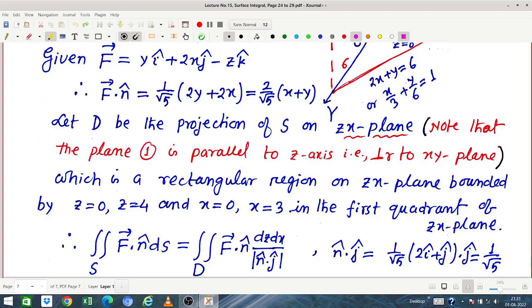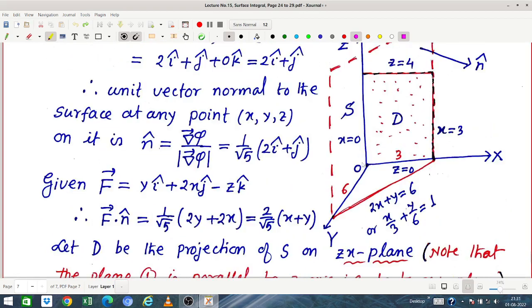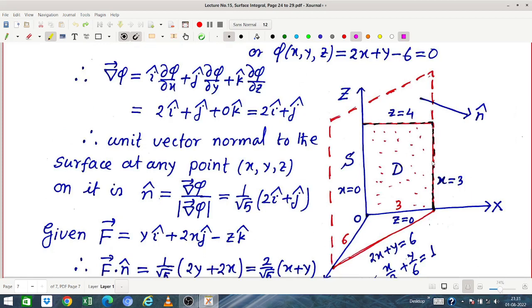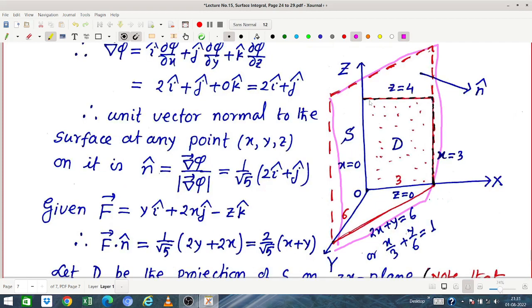Now let D be the projection of S on the zx plane. This rectangular surface, when we project it on the zx plane, will be like this rectangle, the shadow of S on the zx plane.